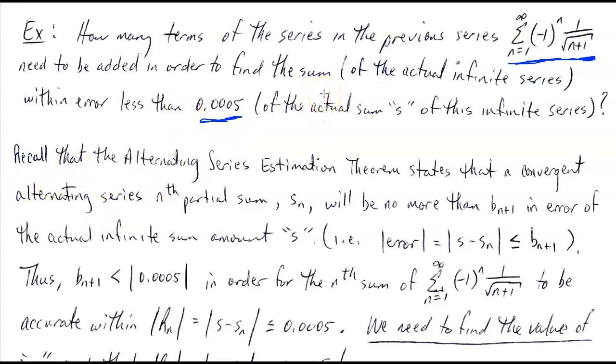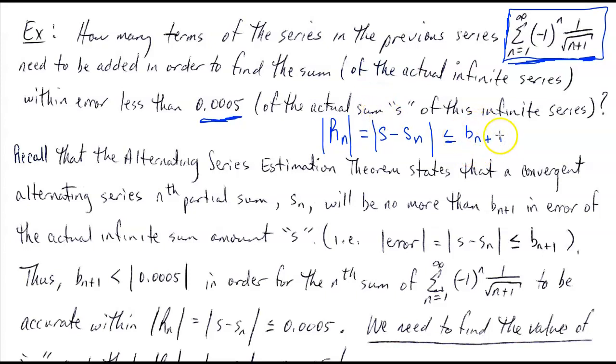And here, the main thing we need to remember is that if this particular series converges by the alternating series test, then whatever the remainder is, where S represents the actual sum of this series and S sub n would be the sum of the first n terms of it, if we took the absolute value of it, this quantity would be no more than the value of the term b sub n plus 1, okay?